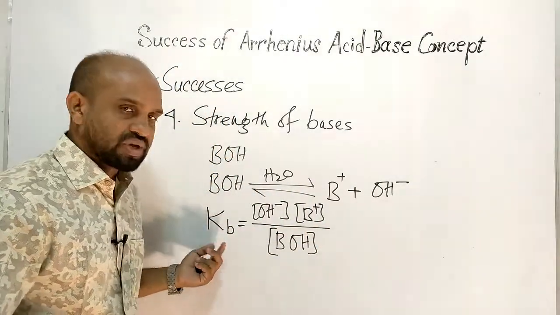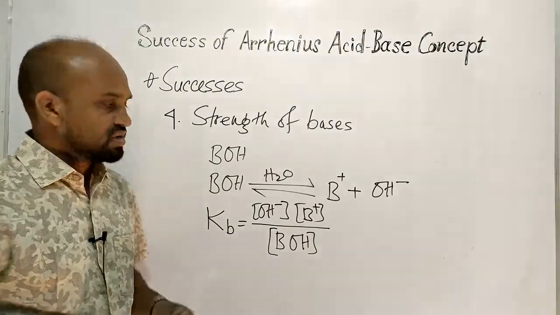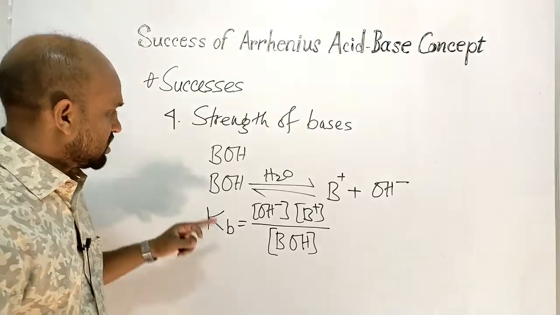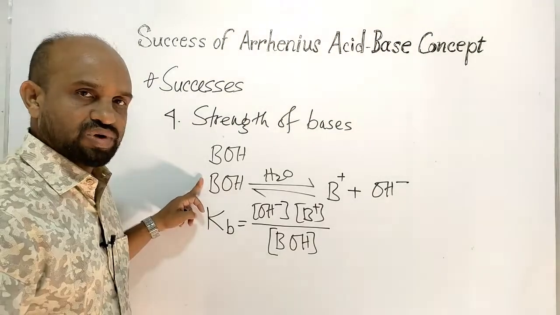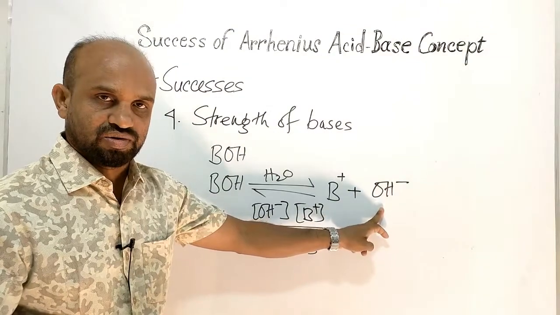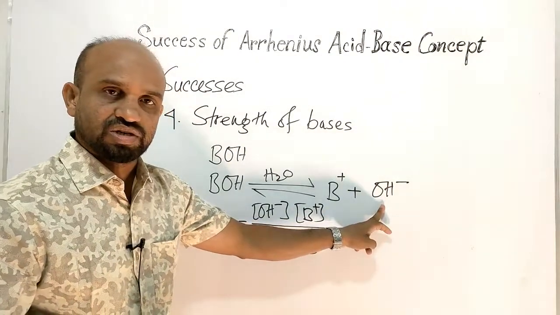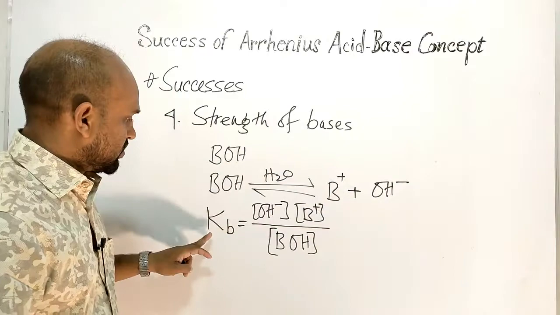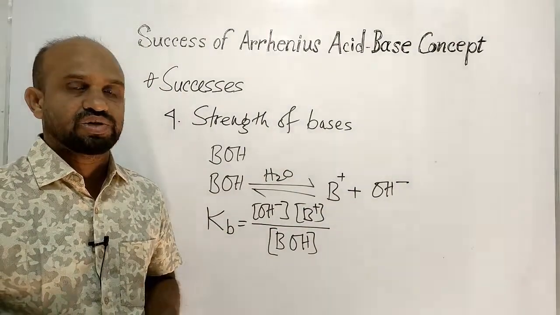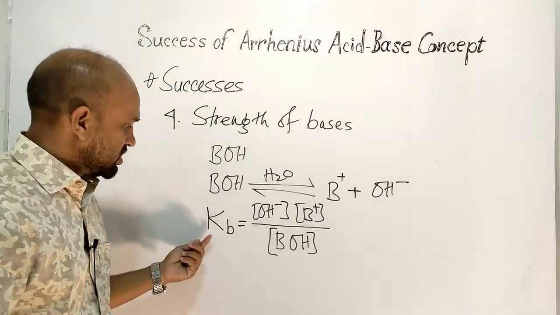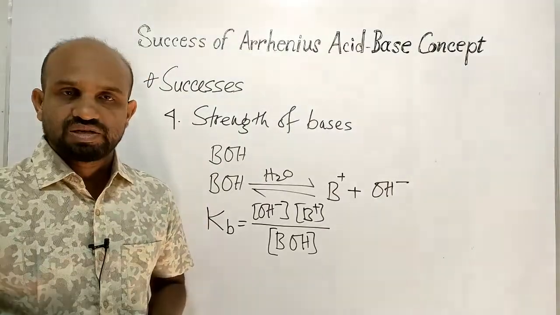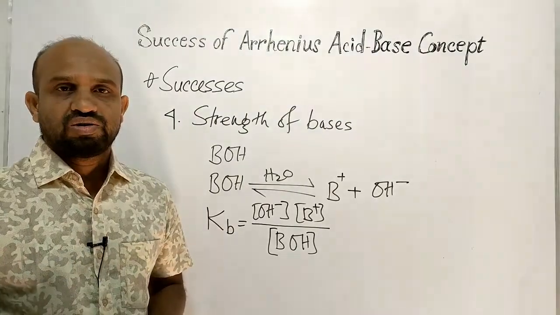When the value of Kb is higher, then the base will be stronger, because the stronger the base, the more the concentration of hydroxide ion. The more the concentration of hydroxide ion, the higher the value of the base dissociation constant. So from the value of Kb, we can determine whether the base is stronger or weaker.